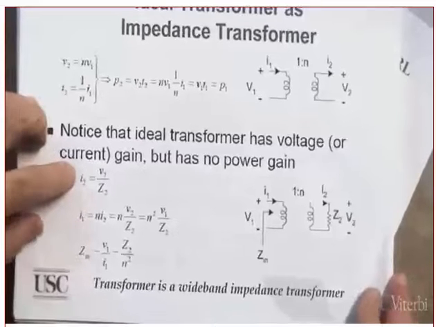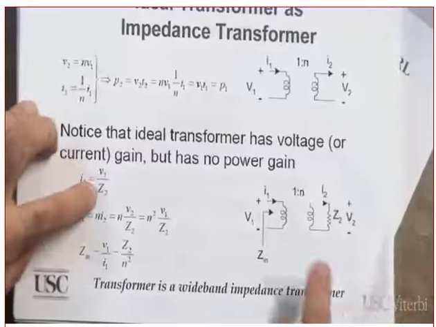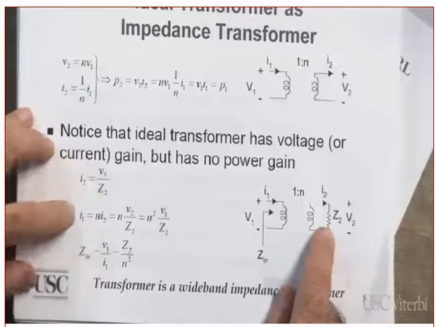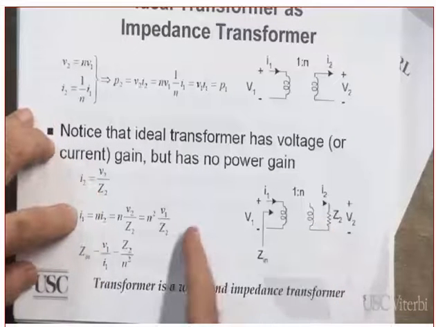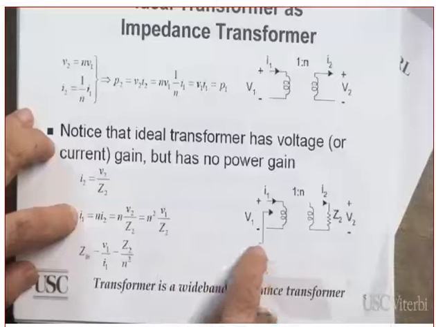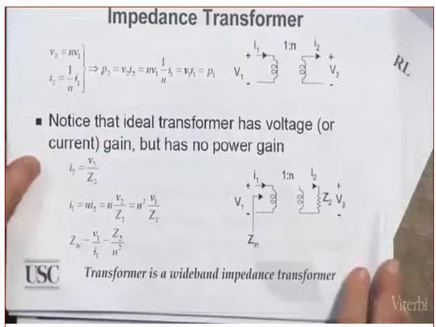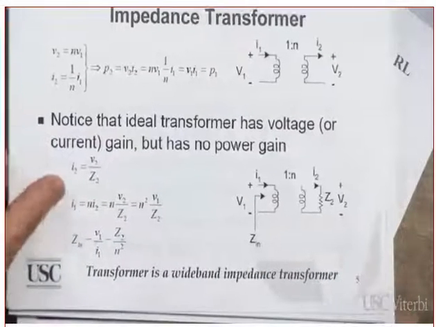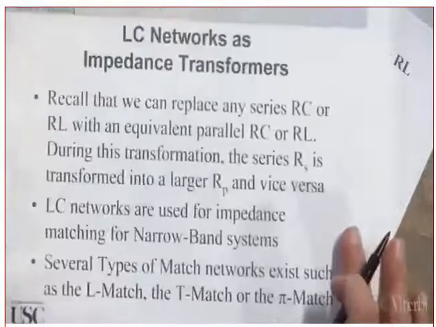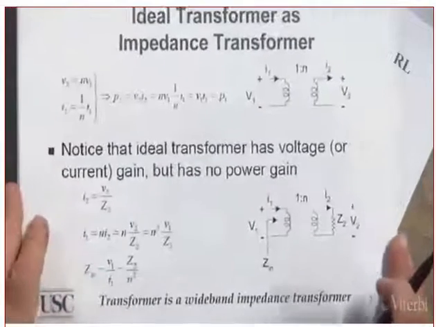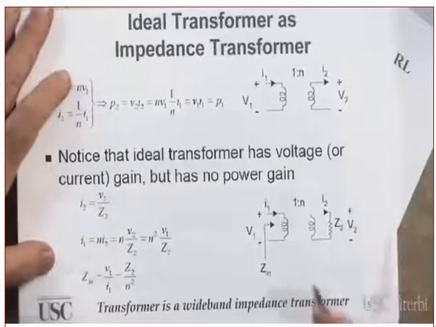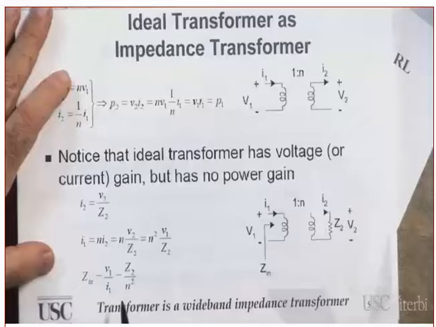Now, what is I2? I2 is V2 over Z2. This is the load here. Yes? I1 is N I2. Now, what is the impedance looking this way? The impedance looking this way is Zn. Yes or no? And what did we get? Where is the result between Zn and Z2?